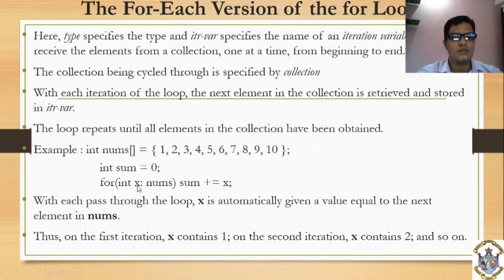It takes the first element in x, and 0 plus 1 is 1. Automatically it moves to the next element, and x becomes 2, because it is assigned from this array. And so on, it will execute till the condition fails.